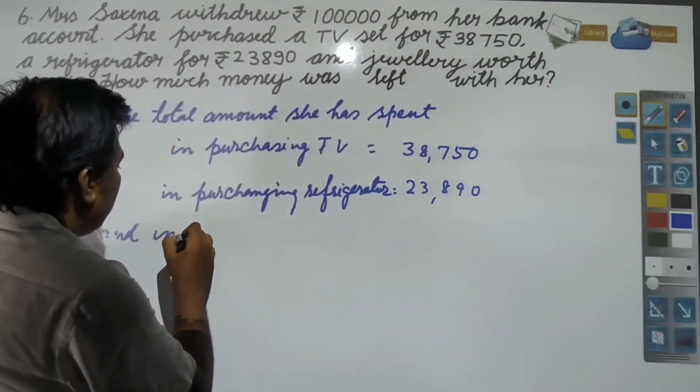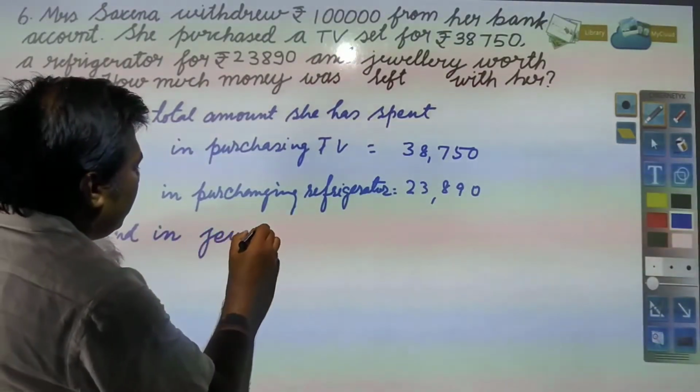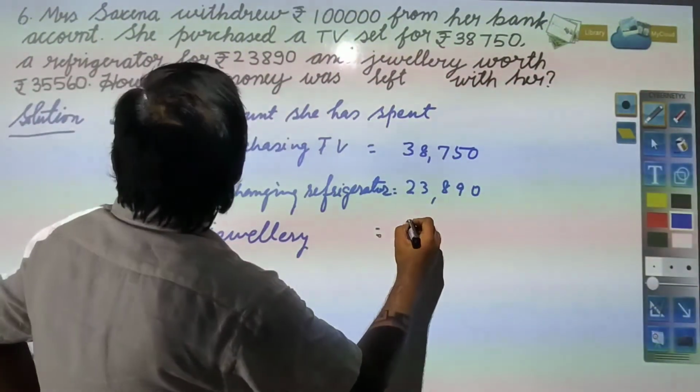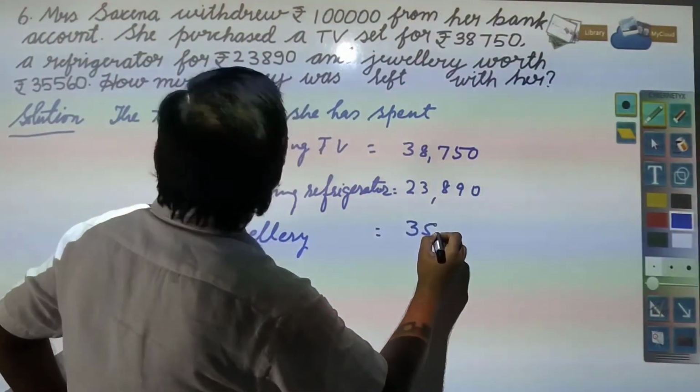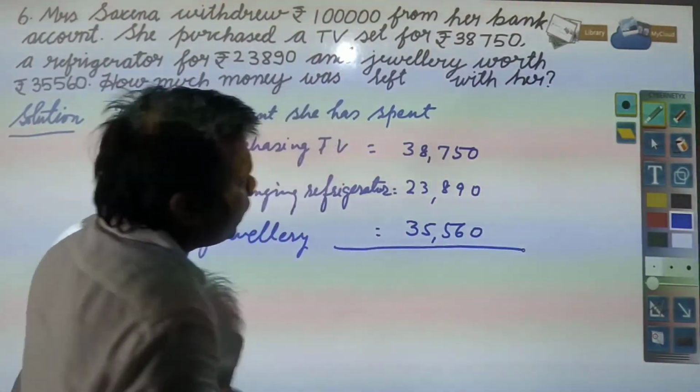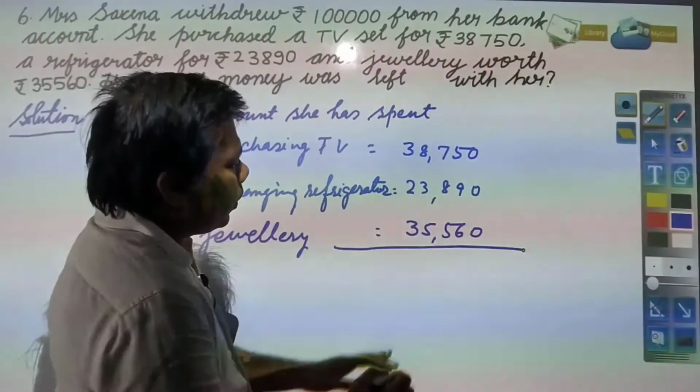So in jewelry, 35,560 rupees. Total amount she spent, you need to add this amount.